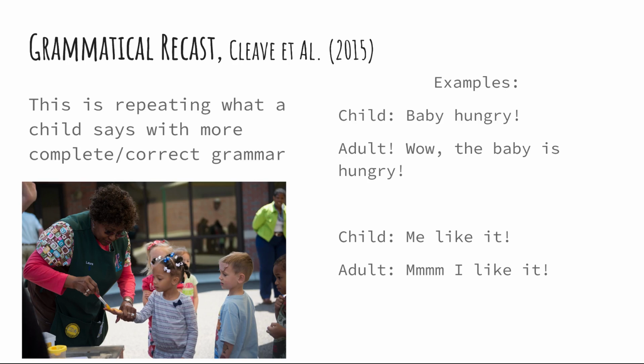This is a great thing to do. This is a grammatical recast. So this is when you repeat what a kid says to you with more adult grammar. So for example, I had a student who, oh my gosh, everything he said, he could not get that I in the right place. So he would say, me likey, me eat pizza, me want, all the time.